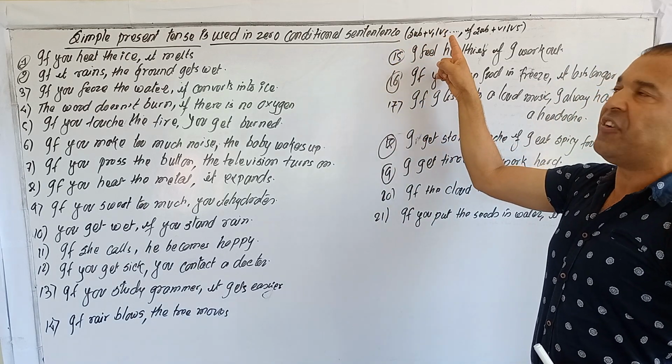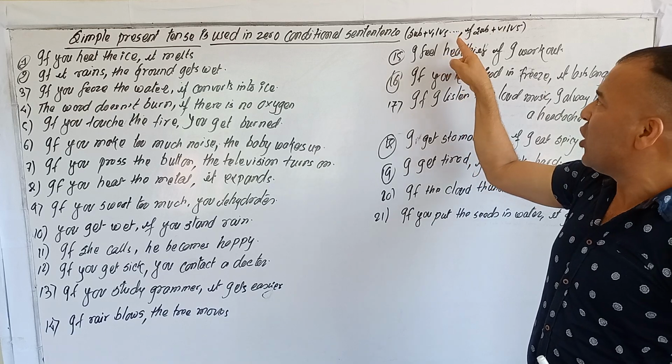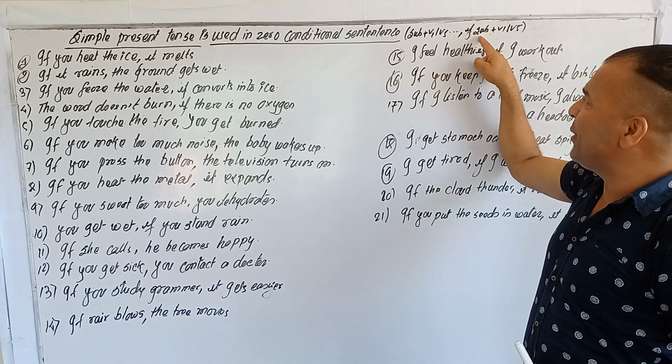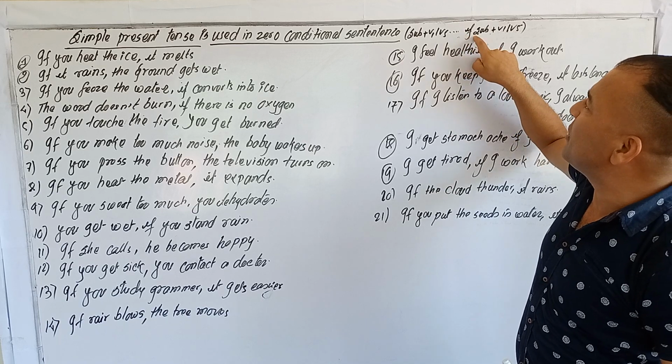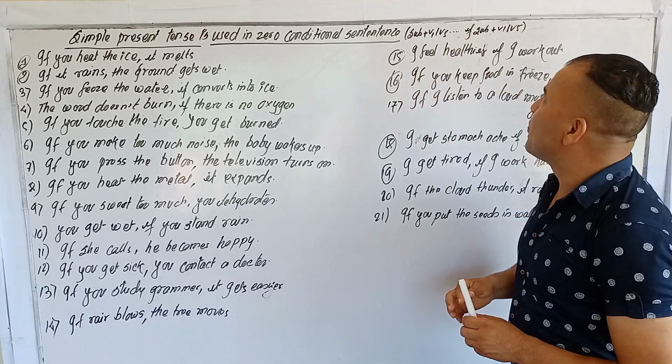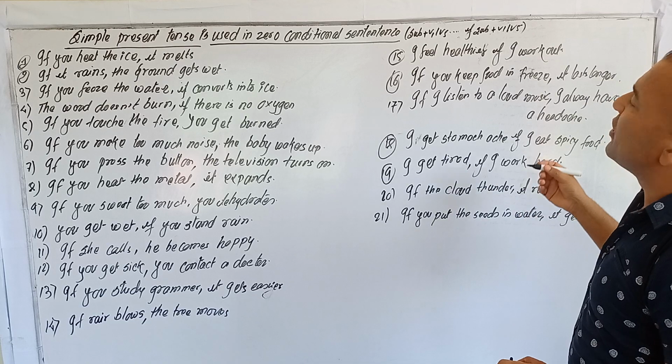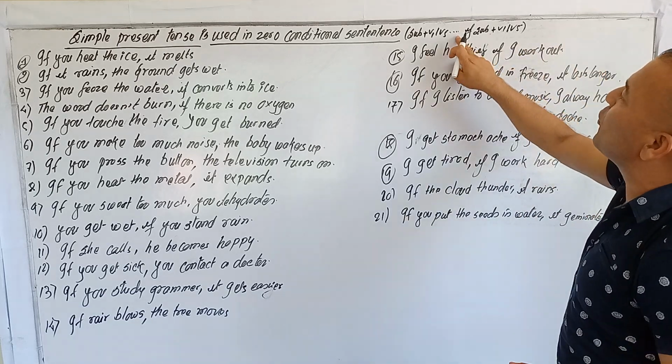Subject plus V1/V5 plus object, if: no need for a comma here when the if clause is at the end. If the if clause is the first part, you have to put the comma.